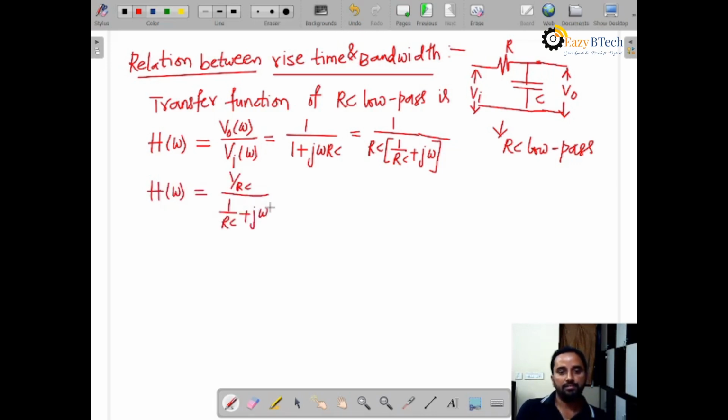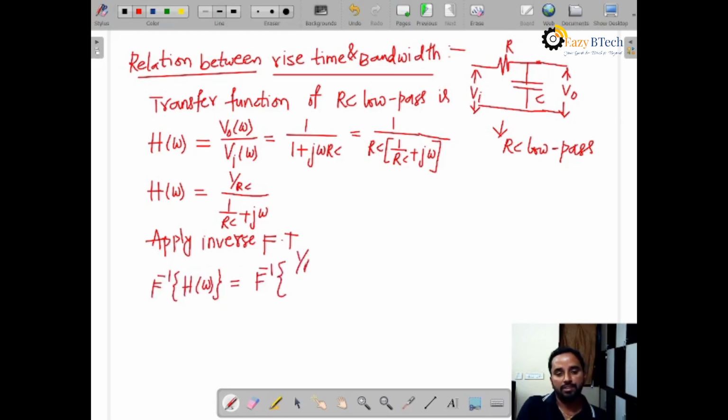Is it right? Now I am going to apply the inverse Fourier transform. The inverse Fourier transform of capital H of omega is the inverse Fourier transform of 1 by RC divided by 1 by RC plus j omega.